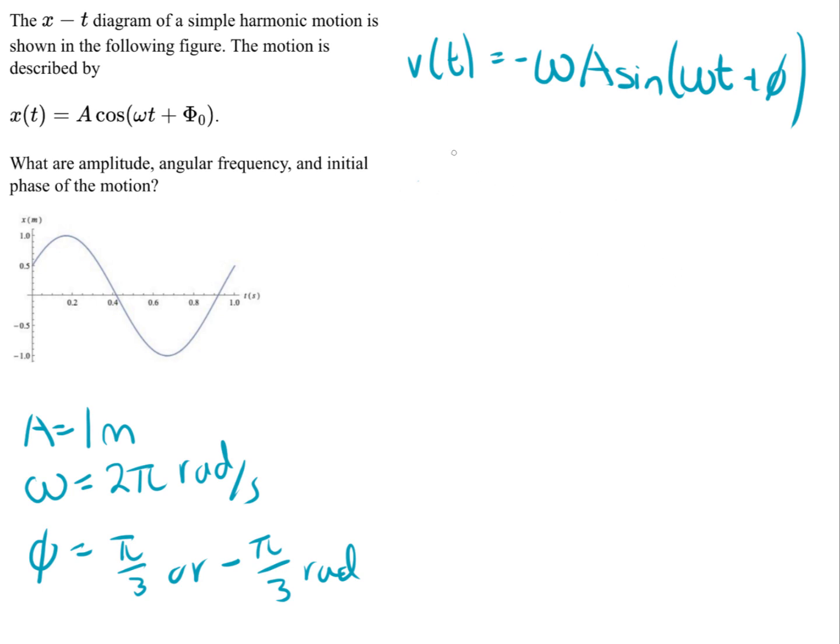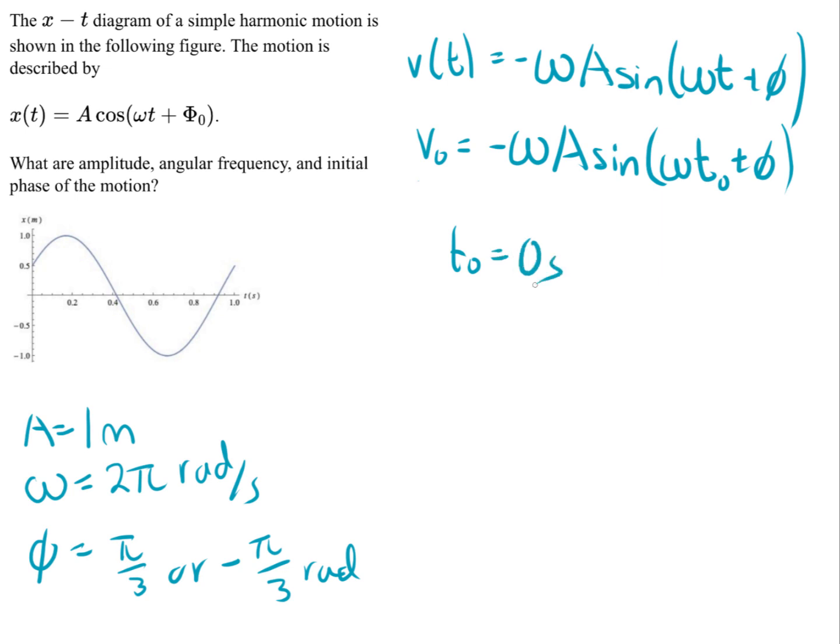Now, again, we suppose that we have an initial velocity, and that is equal to negative omega A sine of omega t, and this t is going to be the initial time, plus the phase constant. And again, the initial time is going to be 0 seconds, so this whole part will cancel out again, leaving us with just the phase constant.